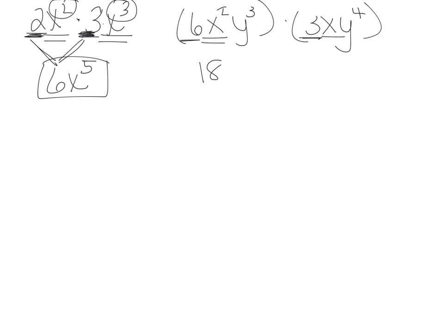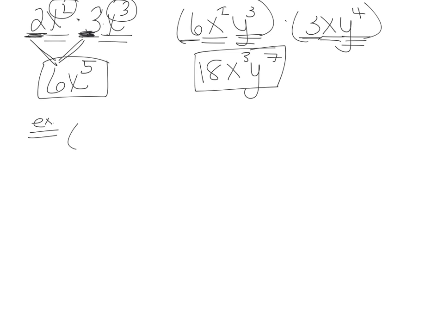X squared and x make x to the 3rd power. Y cubed and y to the 4th make y to the 7th power. I'm done because I have no negative exponents, and x and y are only seen once. All right, my friends, now it's your turn. I'm going to give you a problem.